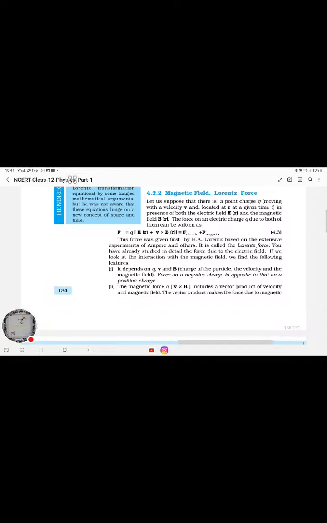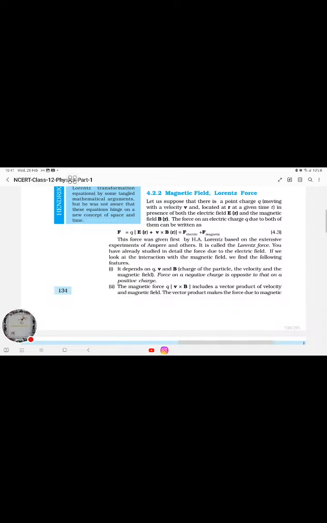The force on an electric charge q due to both of them will be equal to q times the electric field plus q times the magnetic field multiplied by the velocity, because velocity gives the sense that the charge is moving, and the force will definitely depend on how fast the charge is moving.